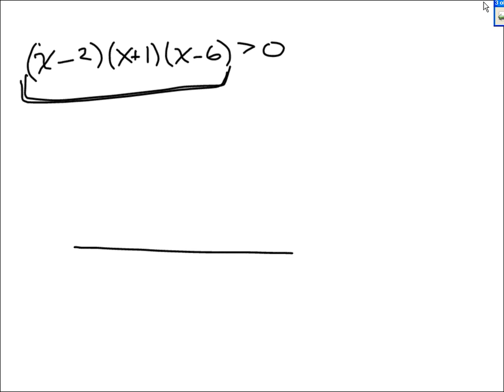That is, if a continuous graph crosses the x-axis here, and here, and here, it couldn't possibly change signs right there. Because when it crosses, like now it's positive.